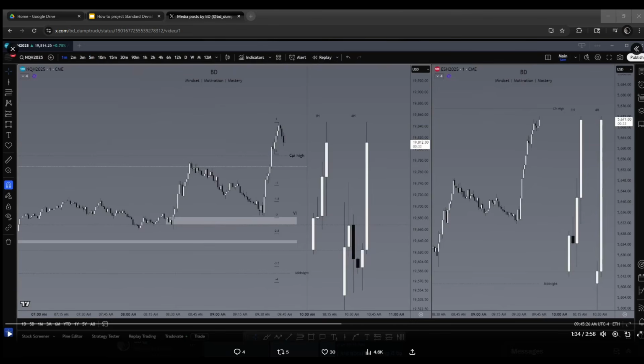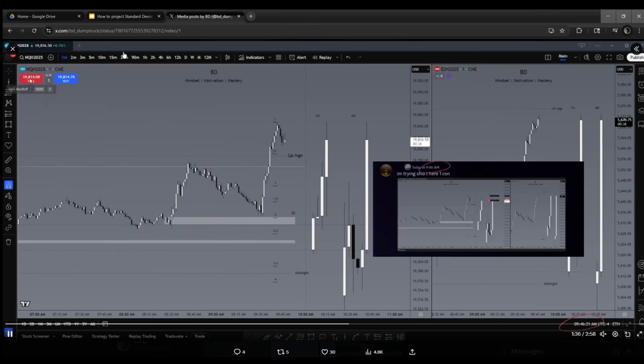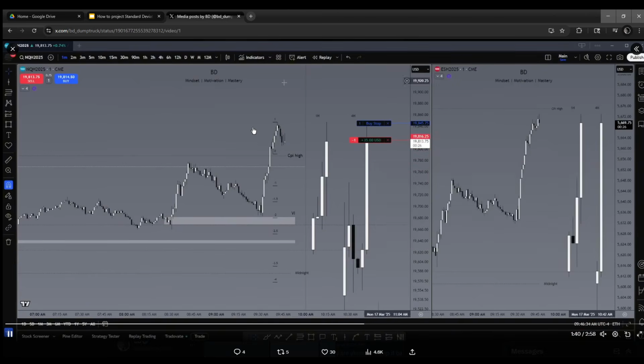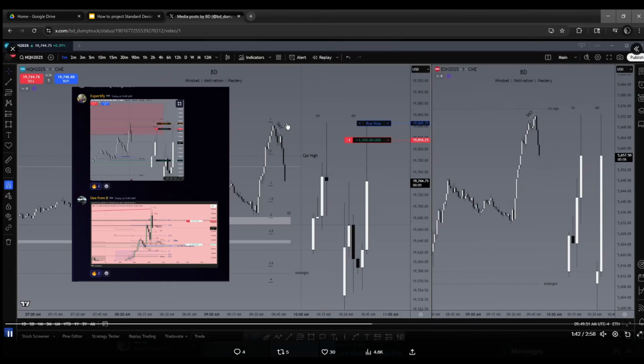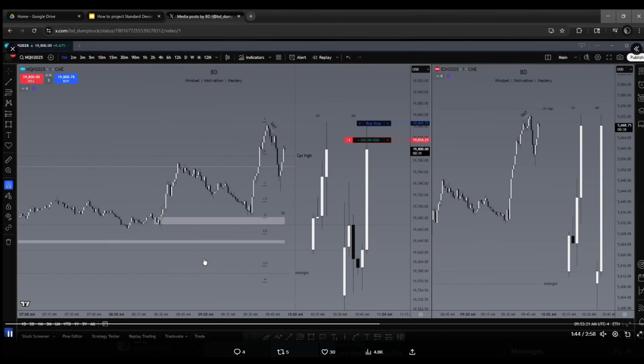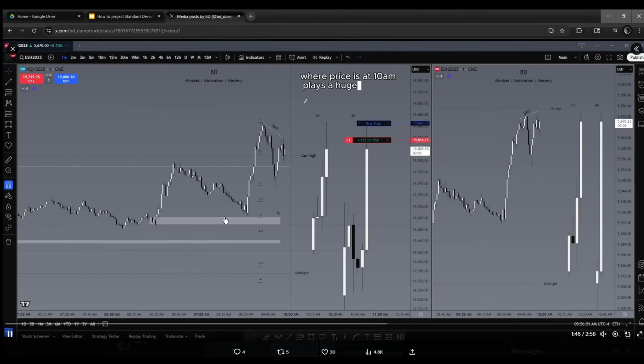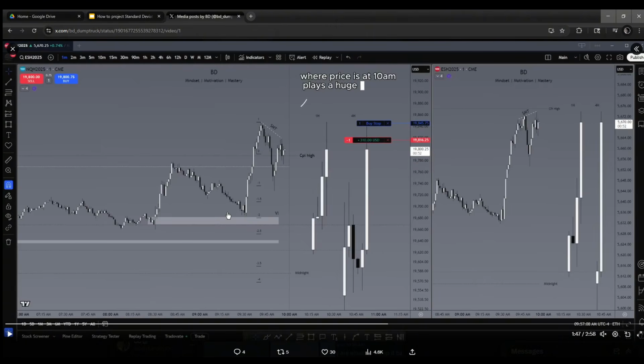All right, so in this next example, I thought this would be a pretty good one because I use two examples inside this trade. So let's get in and see here. Right away, I was using this last manipulation leg here, where we manipulated through the CPI high. This was also still within our 6 a.m. power of 3.